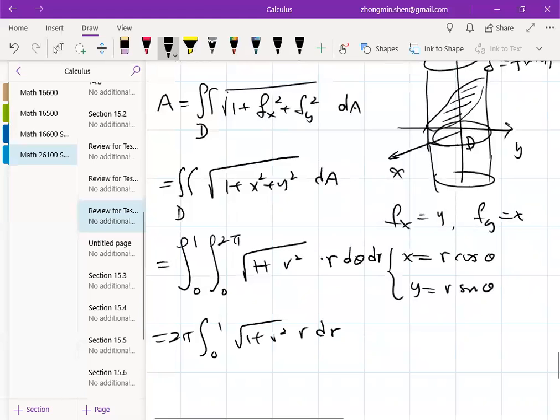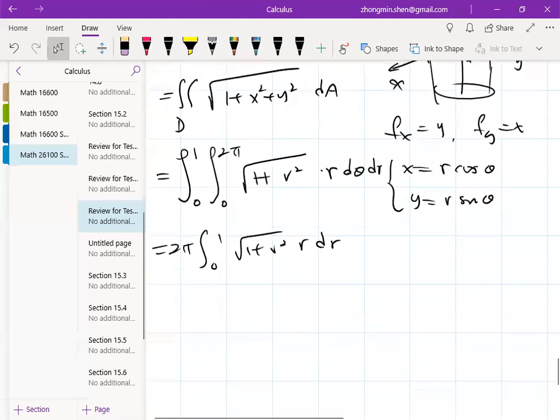And you can use substitution to evaluate this. Okay? So you can evaluate this single integral.